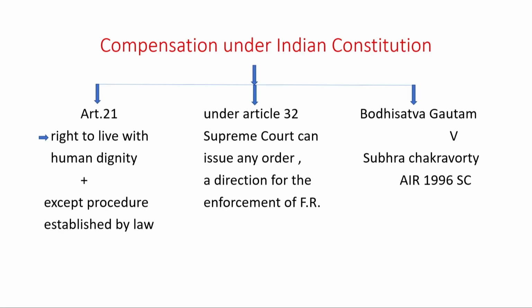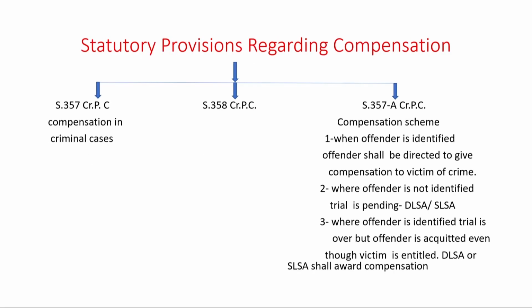Now, the next important thing is the statutory provisions regarding compensation. As I said, section 357 CRPC talks about compensation in a criminal case. 358 CRPC also talks about compensation when a person is arrested groundlessly. 357A CRPC was inserted in the year 2008.